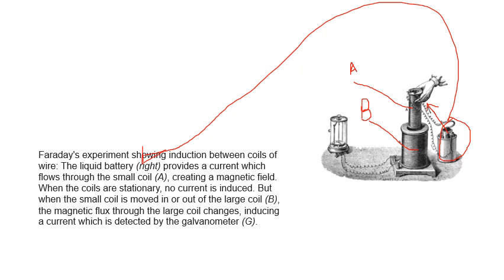When this is stationary, there is no magnetic field, and no current is induced. But if you move this coil in or out, in both cases the magnetic flux of the coil changes.